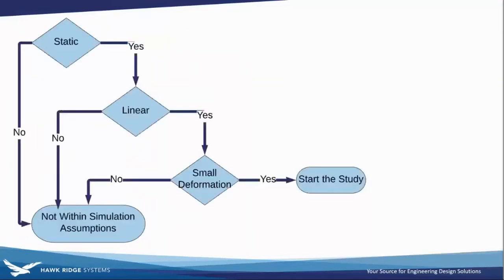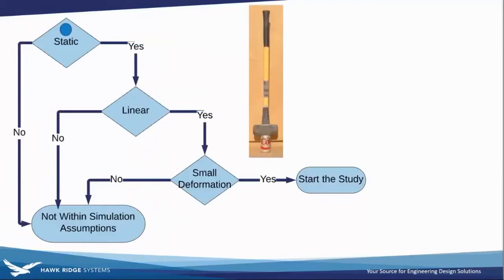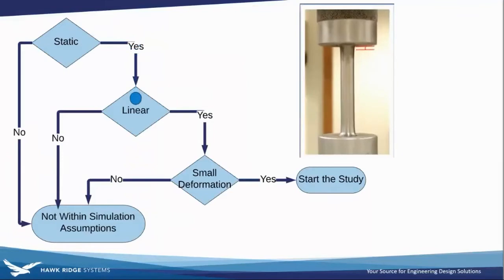So before we get started, let's make sure that our simulation meets the assumptions of a linear static study. So are my boundary conditions static? I'm planning on holding the pawl in place and then seeing how that stresses out the part. So yeah, that's static. I'll only be evaluating the moment the pawl is in the predefined position. Is the material going to stay in the linear elastic range?